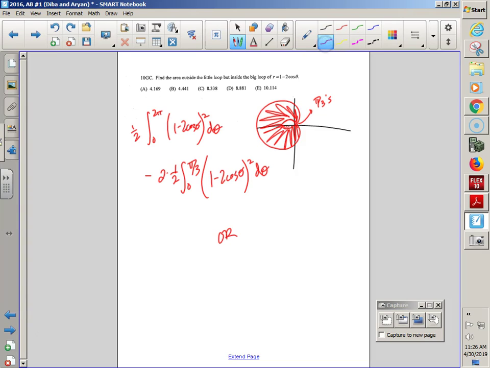Wait, guys, this was 0 to pi over 3, right? And then it was like boom, boom, boom, boom, and then 5 pi over 3 to 2 pi. Yeah. So couldn't I just go everything in between pi over 3 and 5 pi over 3? Okay, see, I did that. Because from 0 to pi over 3 is 1/2 the loop. From 5 pi over 3 to 2 pi is the other half of the little baby loop. And then I have my 1/2.